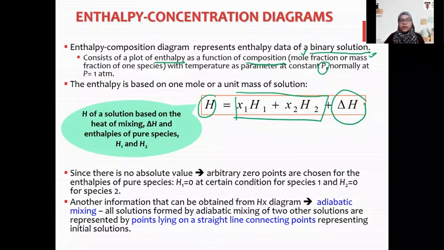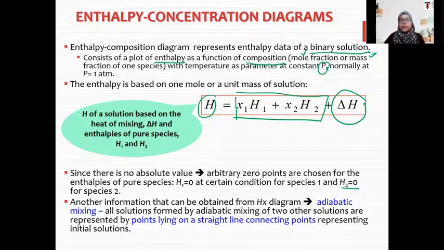Okay, since there is no absolute value, arbitrary 0 points are chosen for the enthalpy of pure species. That means H1 equal to 0 at a certain condition for species 1 and H2 equal to 0 for species 2.